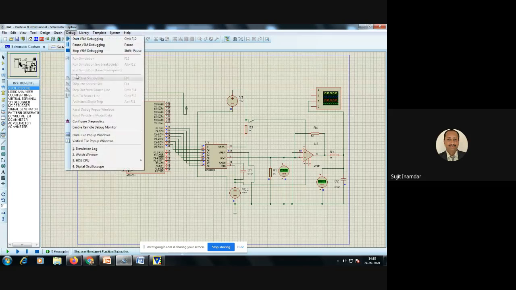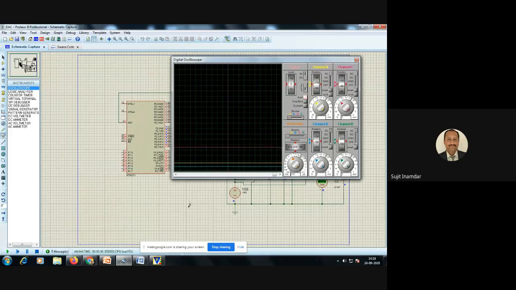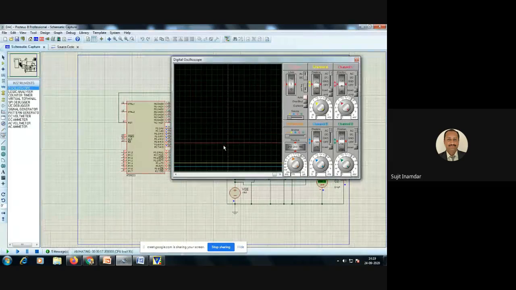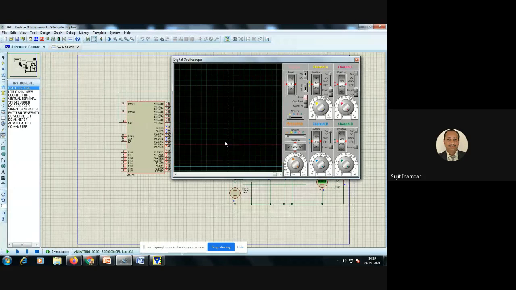And where is the oscilloscope? Here you can observe the red line on the oscilloscope. Due to the delay, again it goes up. To see the proper staircase, as we know the concept, we will adjust the time division.